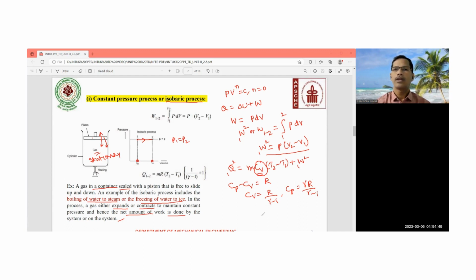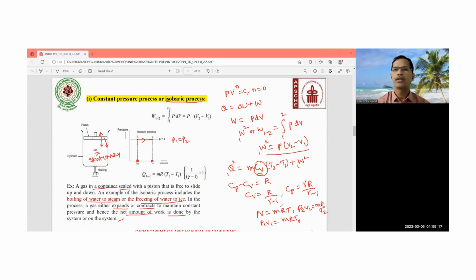When you get this particular relation, we know that PV is equal to mRT. When a system changes from state 1 to state 2, P1V1 is nothing but equal to mRT1, and the same way, P2V2 is equal to mRT2.